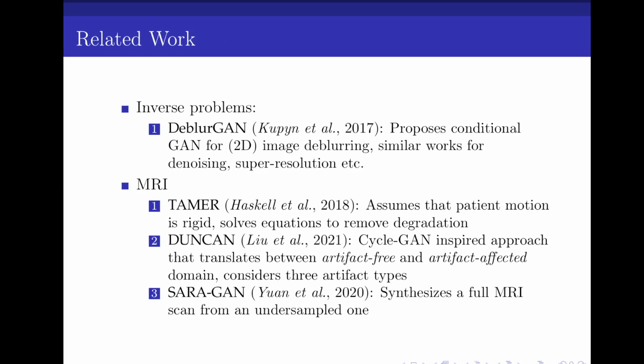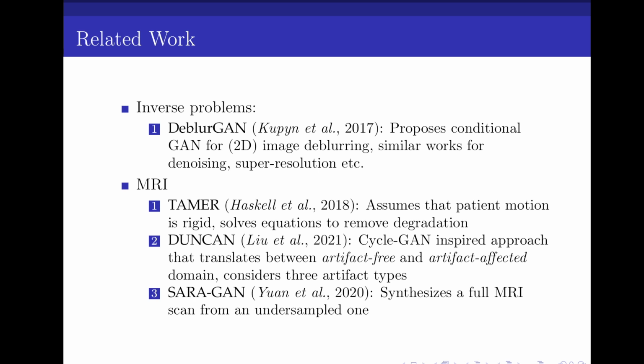Let's go to the related work. Obviously there has been a lot of work on inverse problems. One of these papers is DeblurGAN, which suggests a conditional GAN for image deblurring, but there are also other works that tackle denoising, super resolution, etc. Within the MRI domain, you have Tamer, which assumes that patient motion is rigid, and when you do this, you can solve the equations to remove this degradation from the images. Duncan is a work that is very similar to ours.